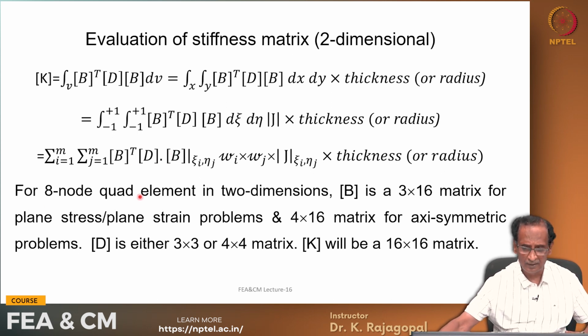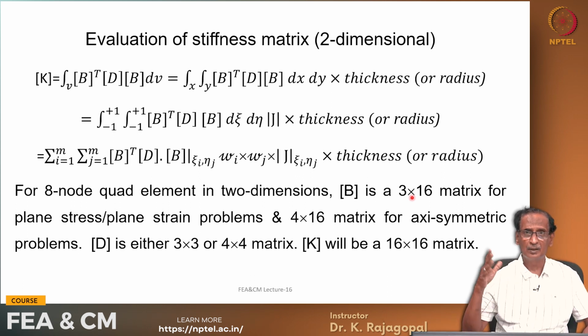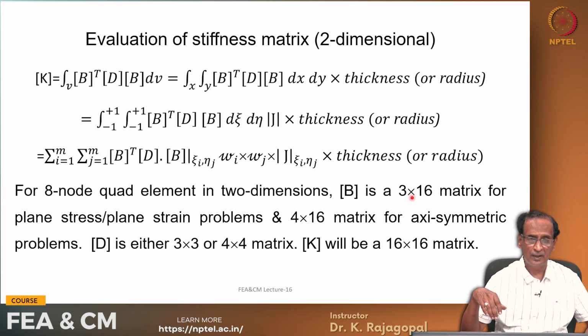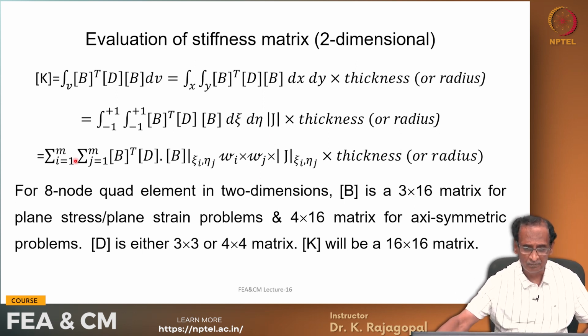So, our B matrix has a size of 3 by 16 in the plane stress plane strain, because we have 3 strain components and then 16 degrees of freedom, and in the case of axisymmetric we have 4 strains. So, our K will be a 16 by 16 matrix for 8-node quadrilateral.